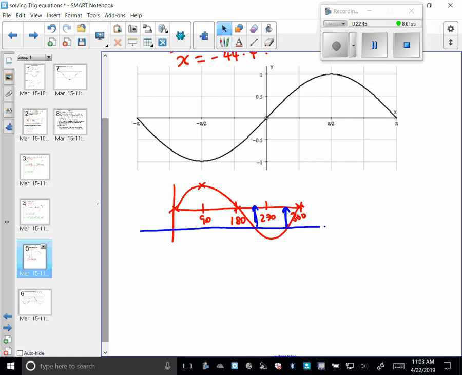So visually, this would be here in the middle, negative 90, and this would be negative 180. And so my calculator's just given me this value here at negative 44.4.